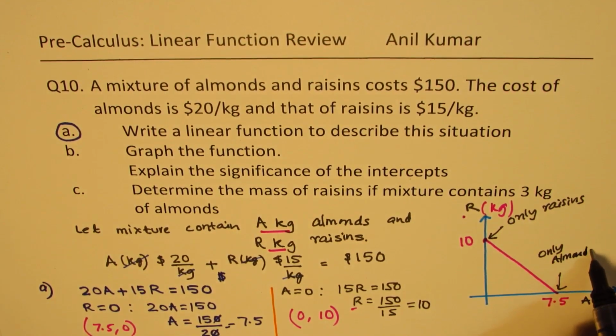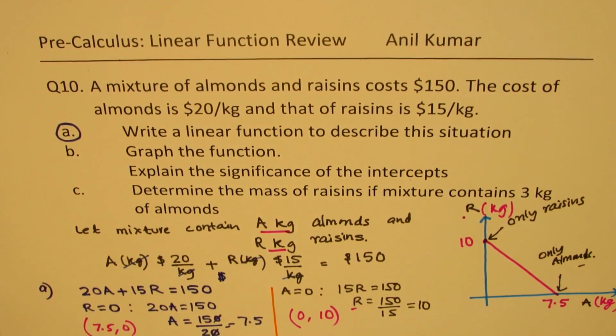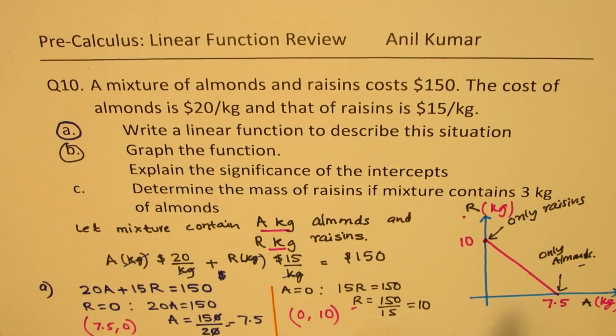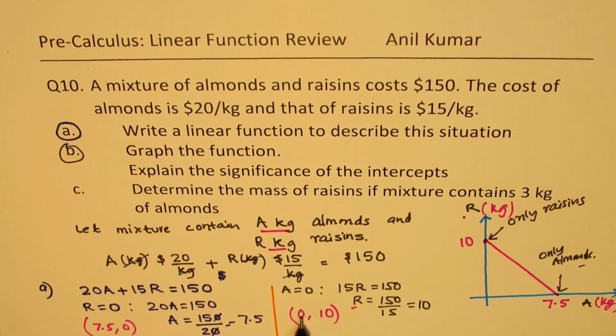So that is the significance of the intercepts. Clear? So we have answered part B: the intercepts show that if almonds are 0, then the raisins will be 10 kg, and if raisins are 0 kg, then the almonds will be 7.5 kg.